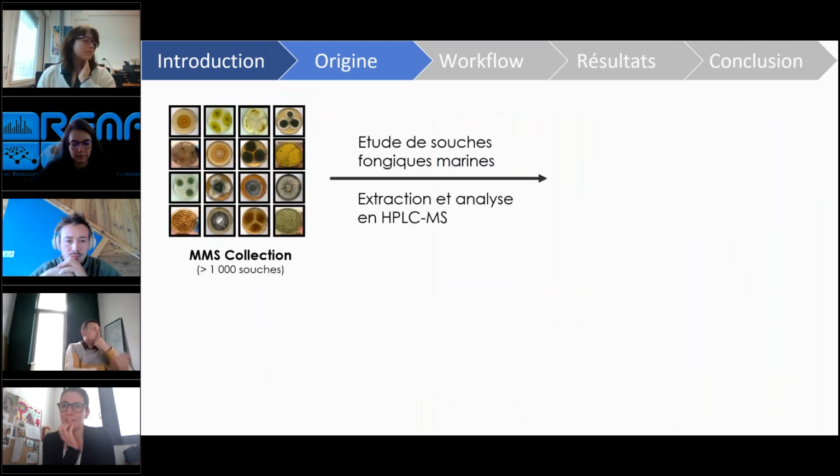As a preliminary study, we studied different strains from our collection. Not the 1,000 strains, we selected some of them. We extracted and did an analysis by HPLC coupled to mass spectrometry.